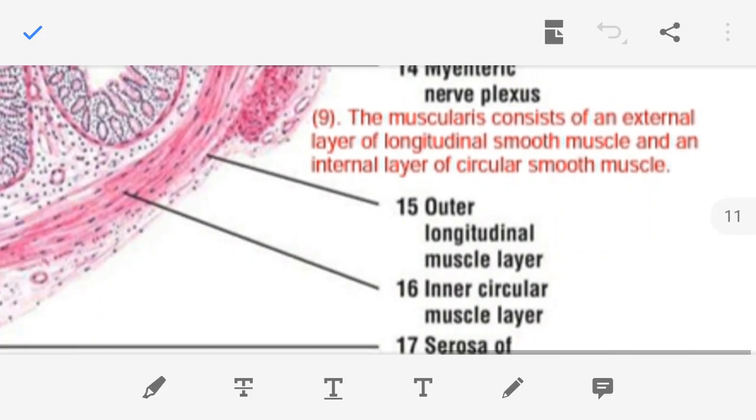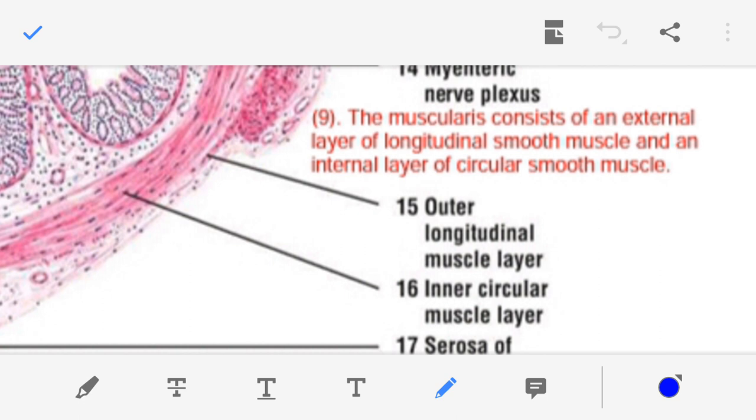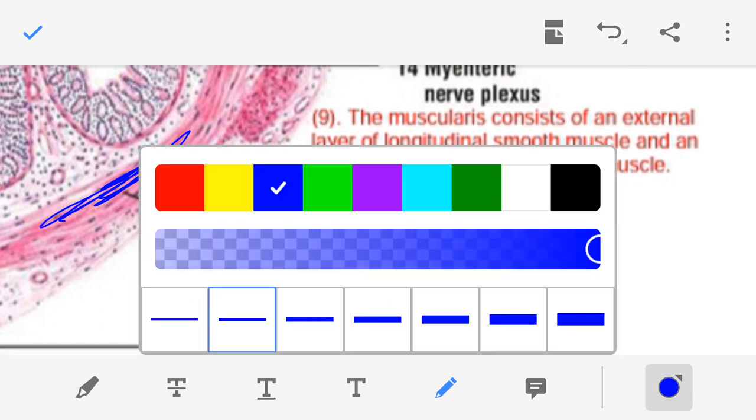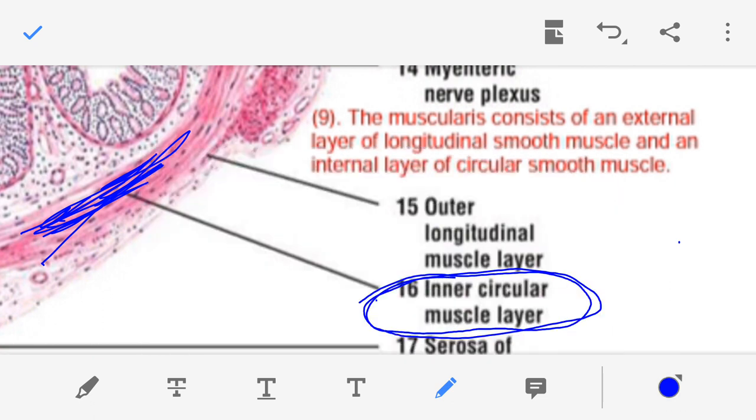The smooth muscle on the inner side is arranged in a circular way over here. So this layer is known as the inner circular muscular layer.